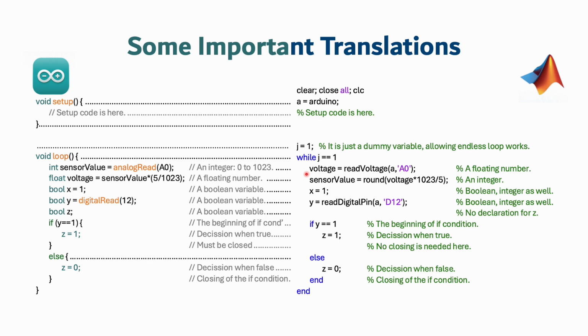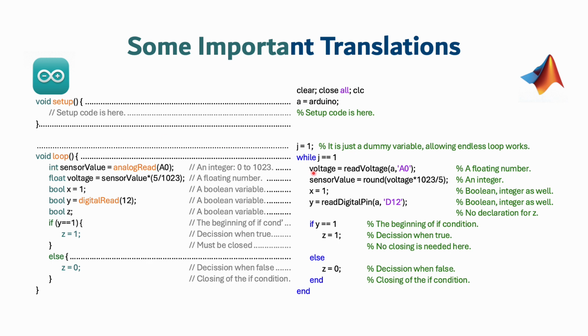MATLAB doesn't care about that. If you grab the voltage value, voltage equals read voltage A0, what you will get is a number. Of course, this will be a floating number without any declaration using INT as we did in the Arduino IDE.